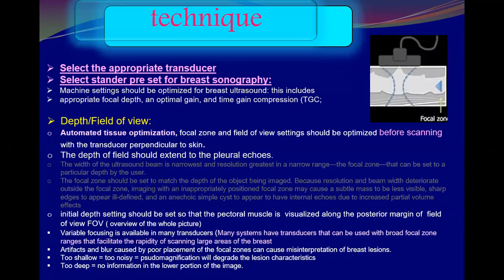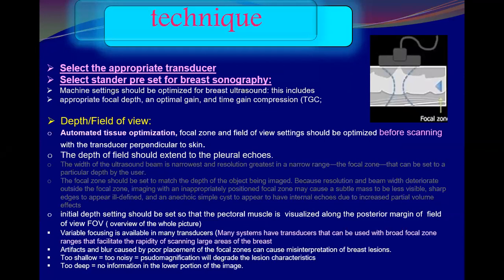Then we have to do the pre-setting for the breast sonography. Pre-scanning, we have to optimize the depth or the field of view and the appropriate time gain compensation or optimal gain.